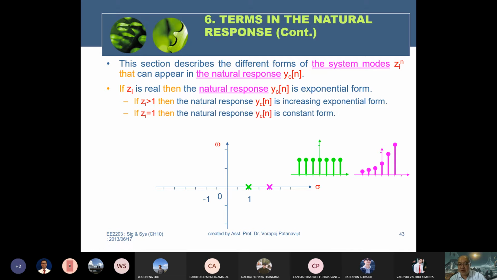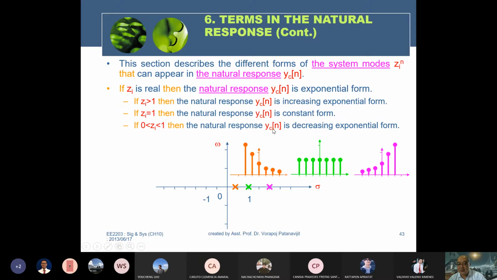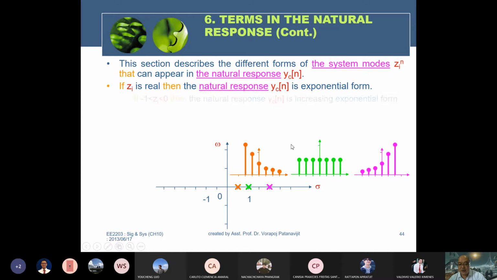If zi equals 1, it will be constant, equal to 1. If it is between 0 and 1, the natural response yc is decaying: when n increases, yc will decrease and reach 0 soon.